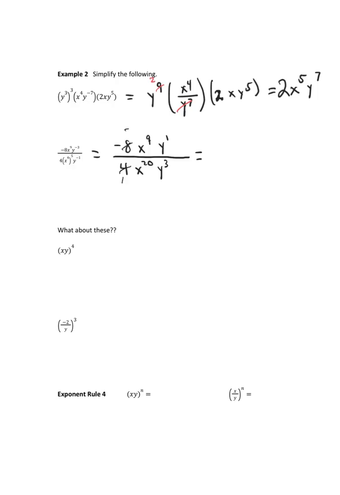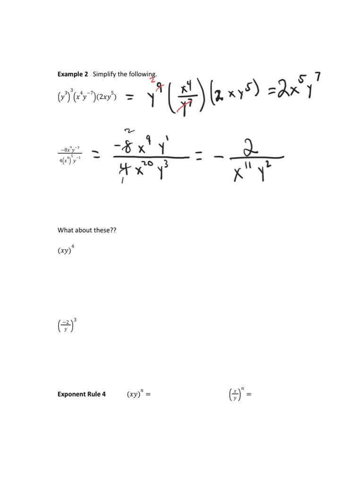The 4 goes into 8 twice, so that would be negative 2 over, well, it looks like the cancellation would happen where the x's are left over on bottom. So you subtract the exponents, but it would be more left over on bottom, so x to the 11th down below, and y squared, because again, one of the y's would cancel out of the 3, leaving you with 2.